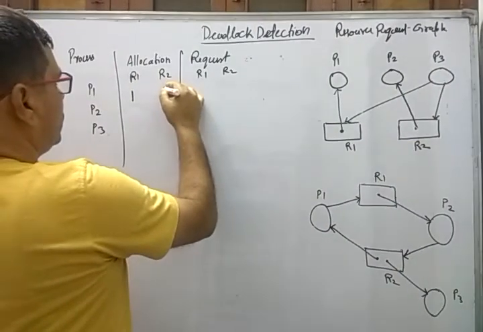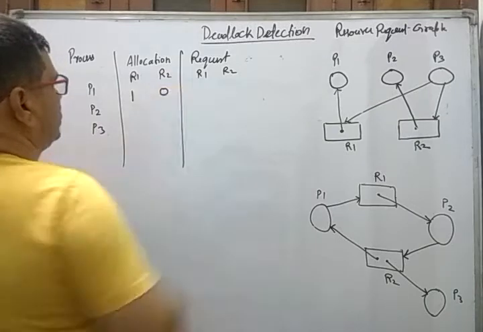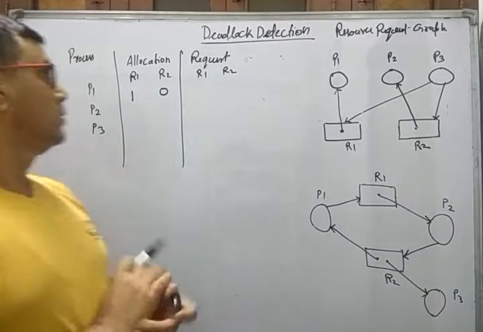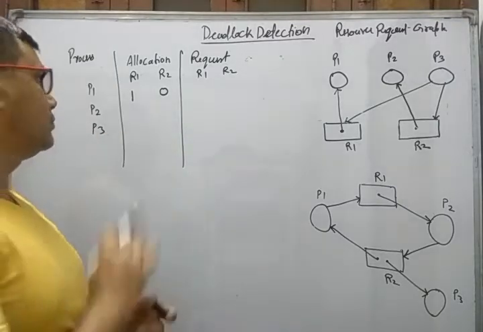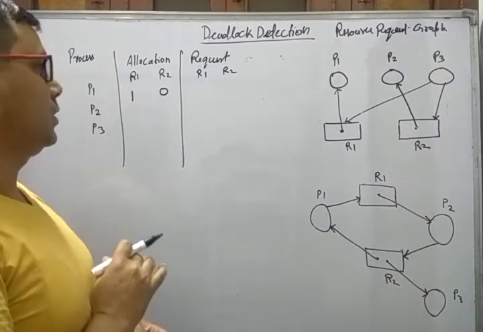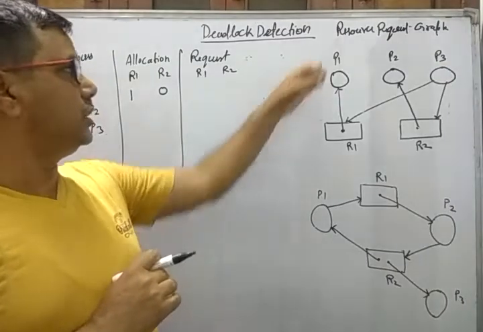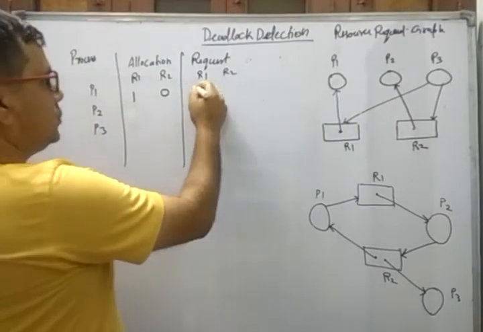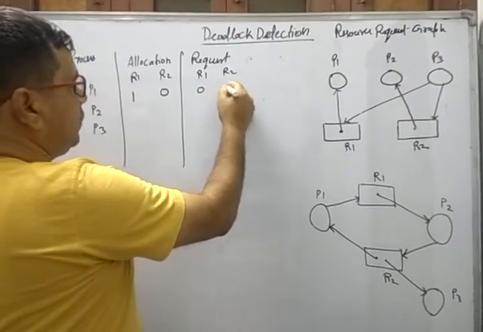No. So this is P1's allocation status. Now look here, is P1 requesting any resource or not? No. P1 is not requesting any resource, not R1, not R2.